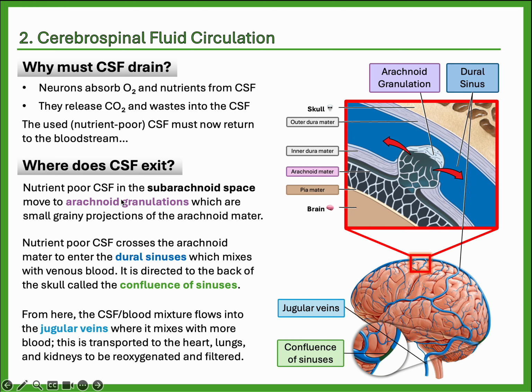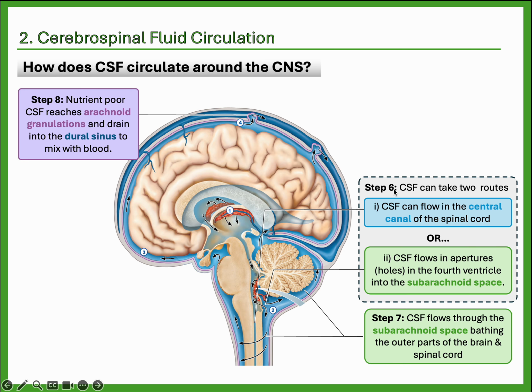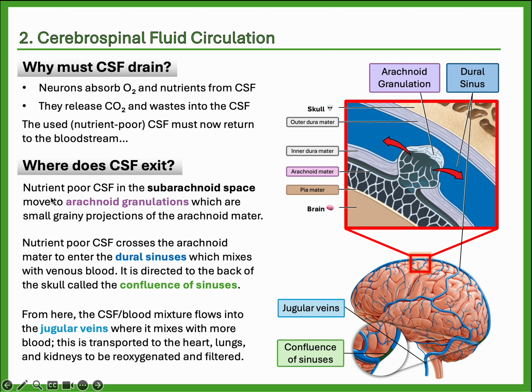They move to arachnoid granulations. If you see at the top over here, you see these bumps here? These little grainy bumps? They look like little broccolis, right? Nutrient poor CSF in the subarachnoid space moves to arachnoid granulations, which are small grainy projections of the arachnoid matter. They project out into this dural sinus.